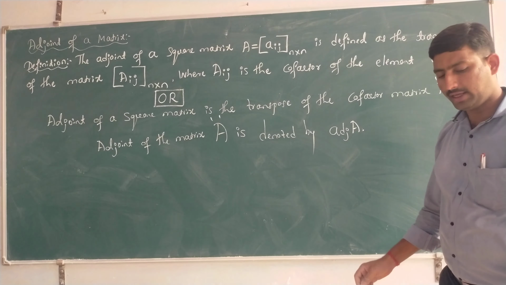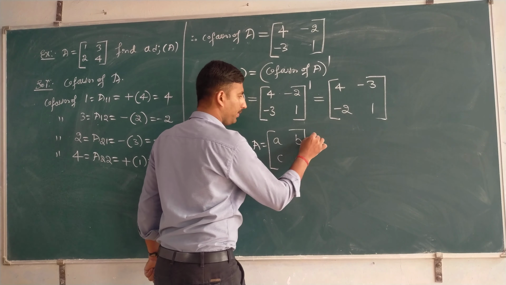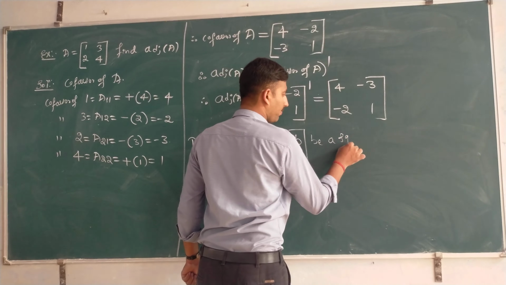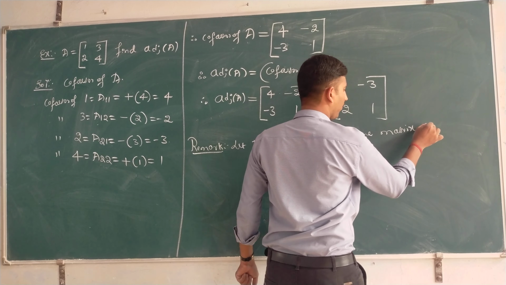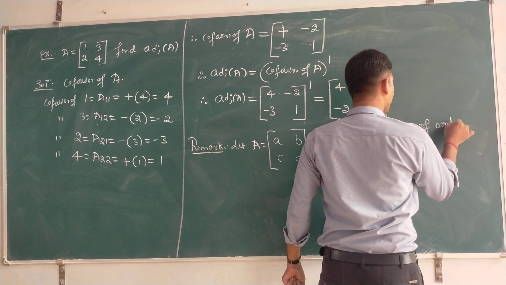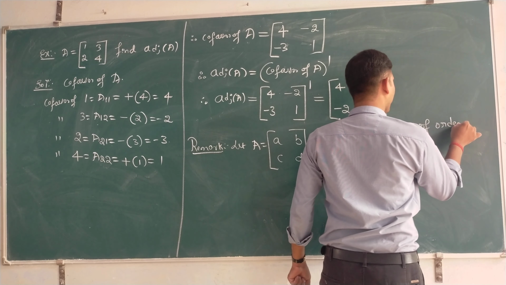So, just to take one remark. Let A is equal to a, b, c, d be a square matrix of order 2 cross 2.